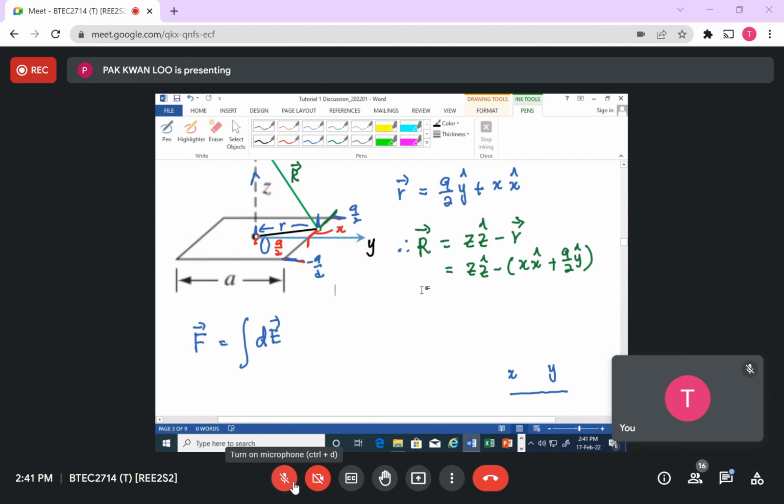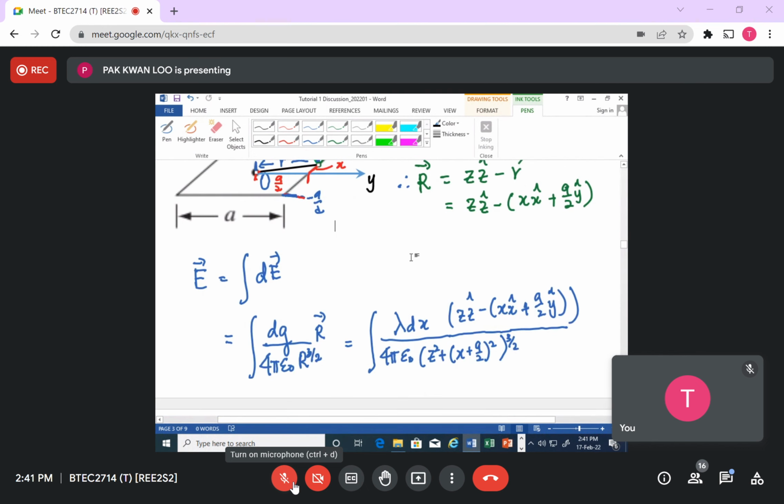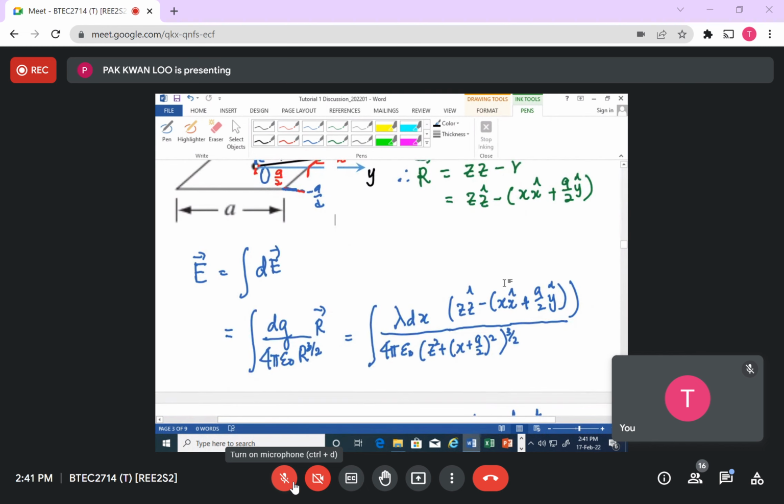Ah, okay. Sorry. I think I know what I did wrong here. This is the problem. It's supposed to be x square plus a square over 4.